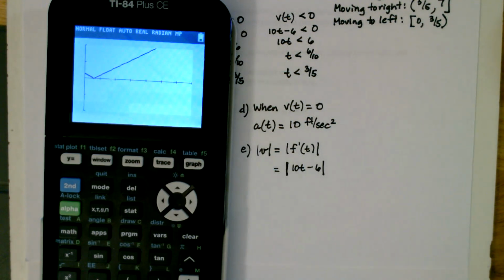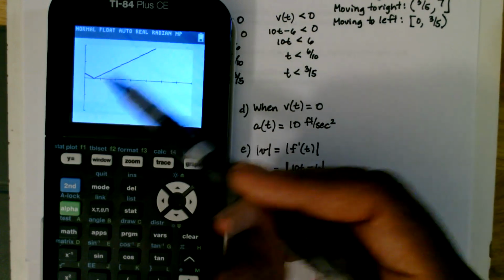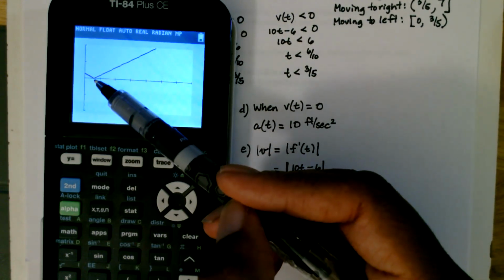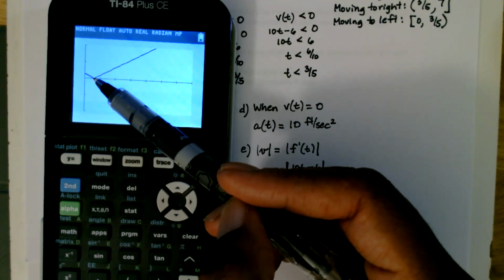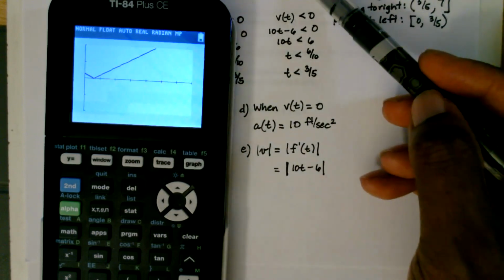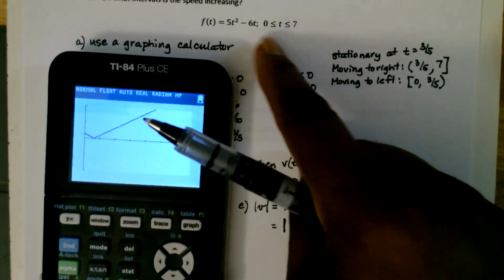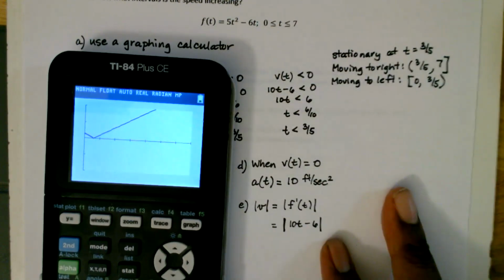Okay. And as you can see here, we want to find out on what intervals the speed is increasing. That means it's going up. So from 3/5, which is the point here where the velocity function crosses the axis, on up to the highest x value on the interval, which is going to be 7 because we're restricted to 0 to 7.